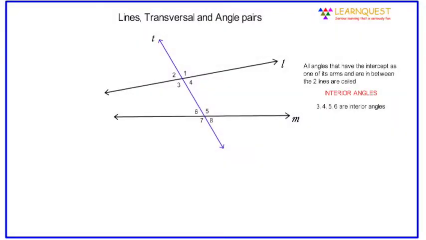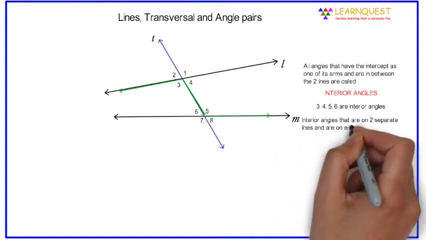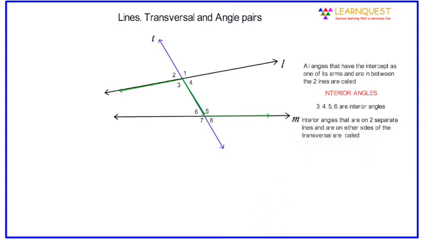Out of the 4 interior angles that are formed, we can see that angle 3 and angle 5 are on two different lines L and M, and they are also on either side of the transversal. Such interior angles which are on two different lines and on opposite sides of the transversal are called alternate interior angles.